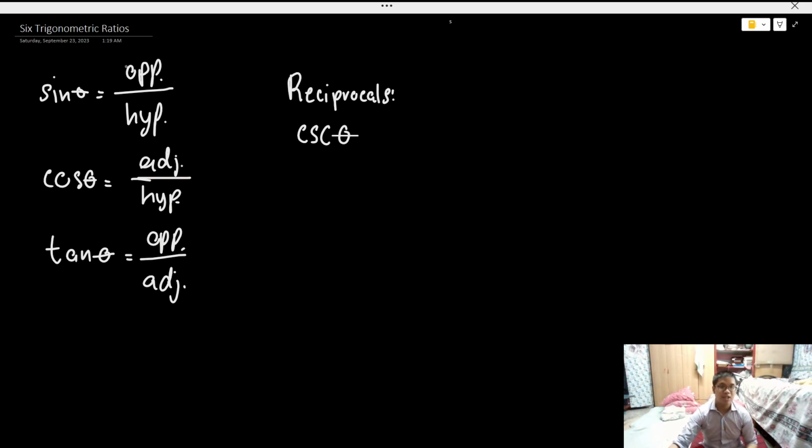It is the reciprocal of sine, so this is 1 all over sine theta, which is hypotenuse all over the opposite. For sine, it's opposite all over hypotenuse; this one is hypotenuse all over opposite.